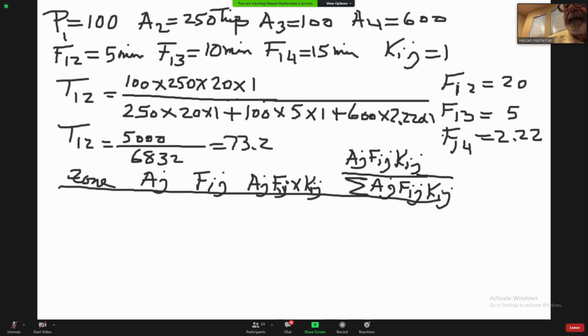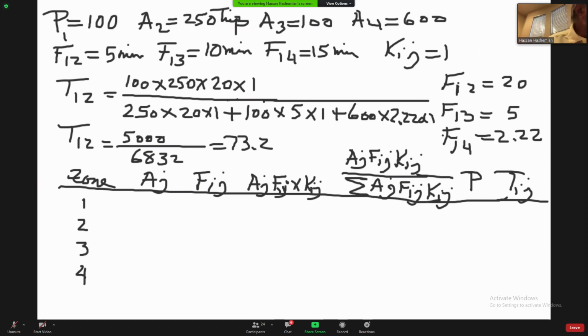And then you put a 100, so that will be your P, and then you will have your Tij. So they put it into this tabular form. Okay, I will show you why they did that, which is the same thing. The first one is zone 1, zone 2, zone 3, and zone 4.